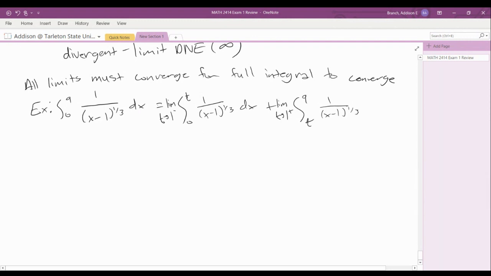So what I typically find easiest to do is to go ahead and solve for the indefinite integral first, and then just plug and chug at the end.